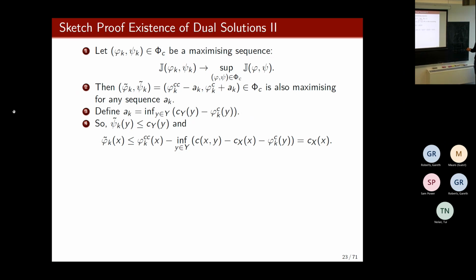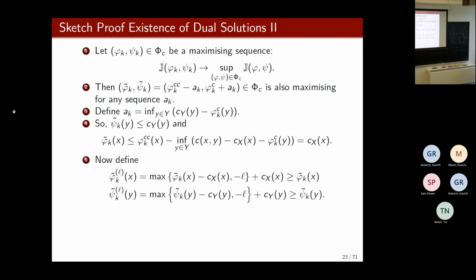I can make this thing here bigger by choosing a particular value of y here. So of course I can choose my y so that, and I can also check similarly that phi tilde is going to be less than or equal to C of x. So I have a pointwise bound.